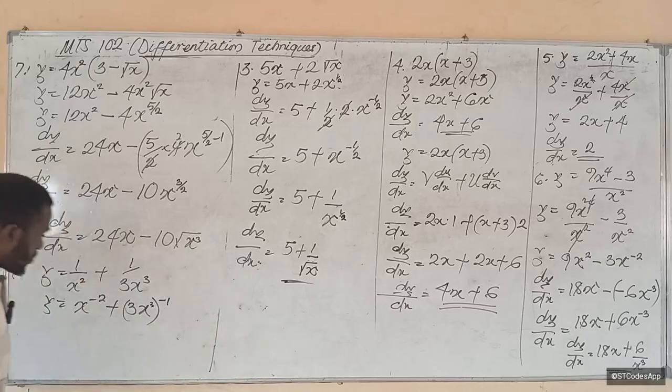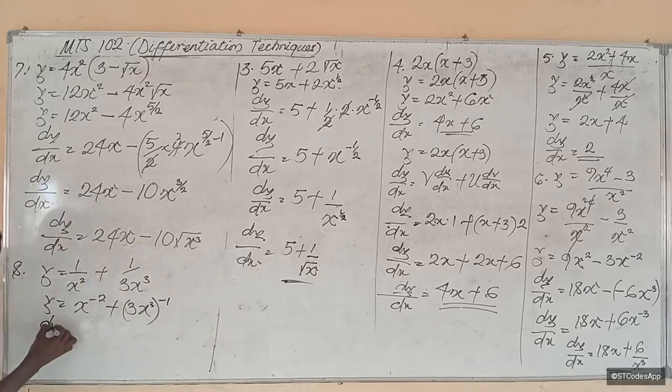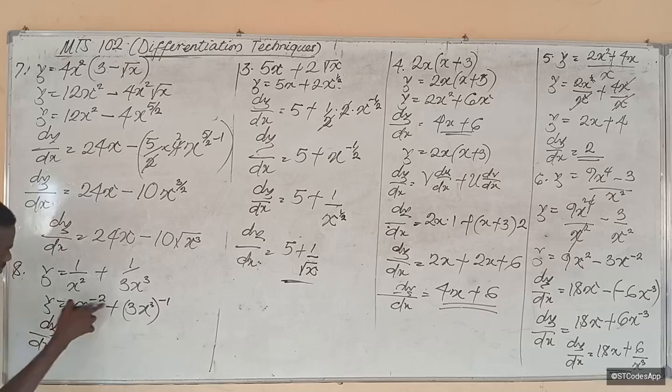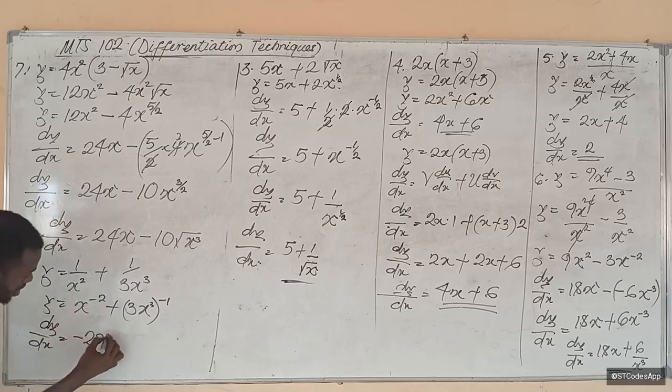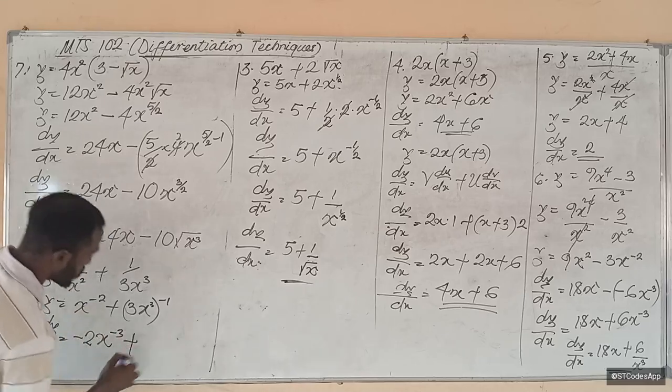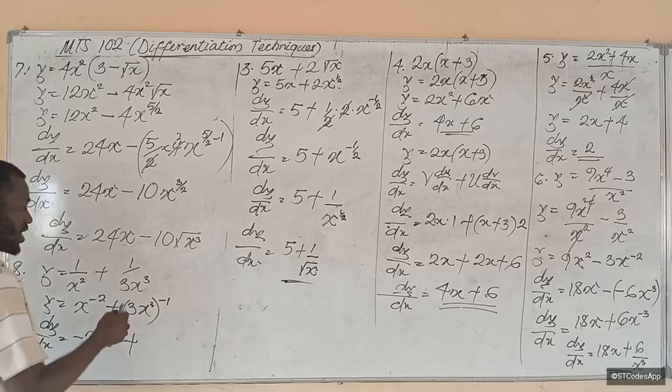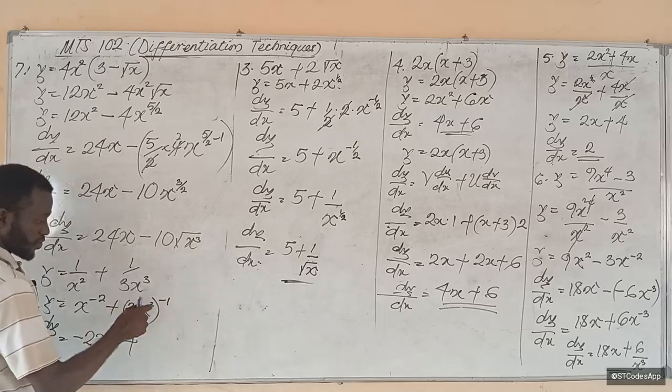So when we take dy dx here, we multiply this, which gives us minus 2x raised to the power minus 3, plus here, let's differentiate this inner function.